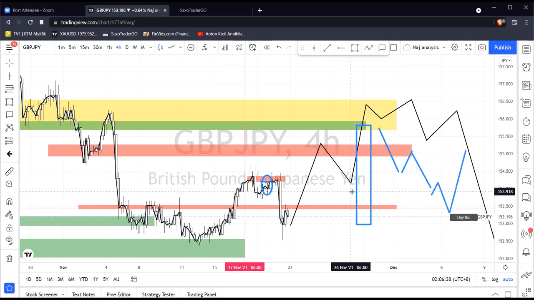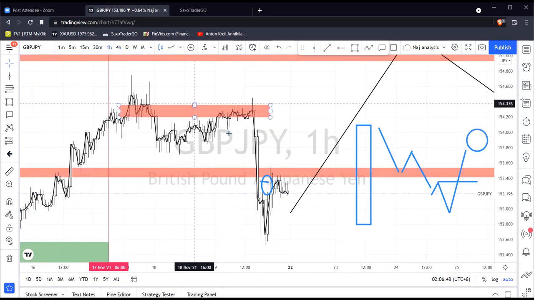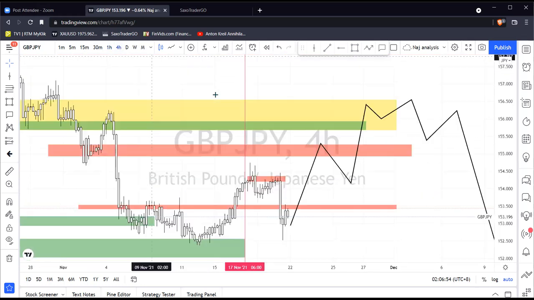Then I tried to short around this level, but I was skeptical. I was in profit, but I just tried to keep it open and hope it's going to break.